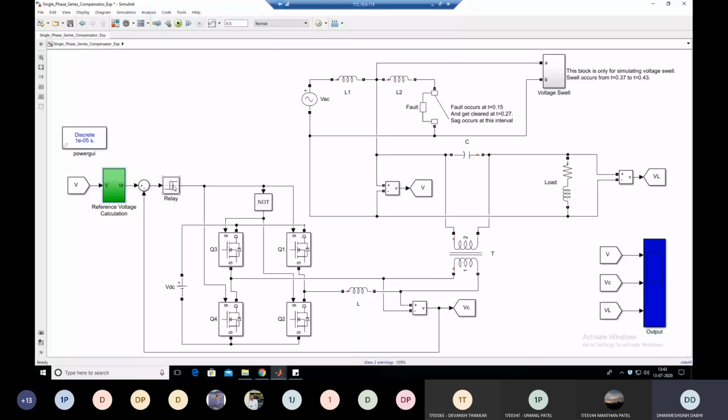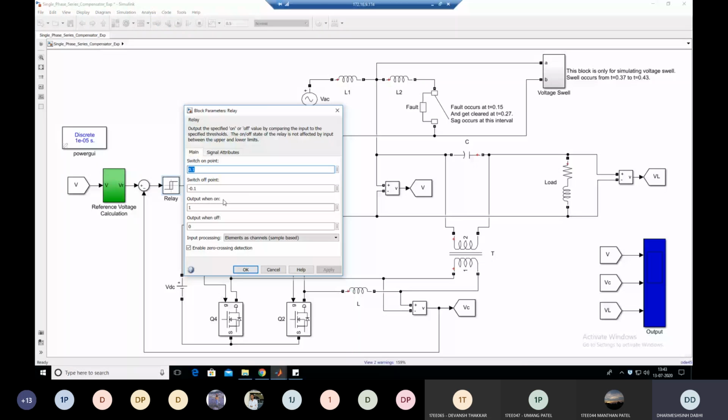In the relay, we provide the threshold values, a positive threshold and a negative threshold. To switch on or turn on this relay, the positive threshold is 0.1. It means if the input of this relay is more than 0.1, then the relay is on. Clear?